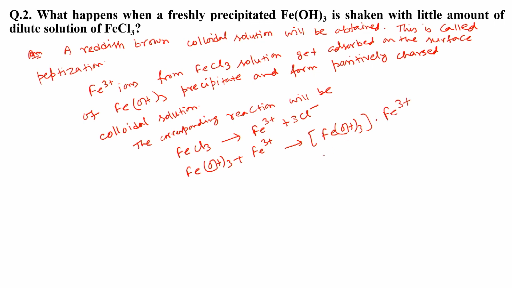So this is the colloidal solution. Basically, Fe3+ ions of FeCl3 get adsorbed on the surface of Fe(OH)3 and form a colloidal solution here, and the color will be reddish brown.